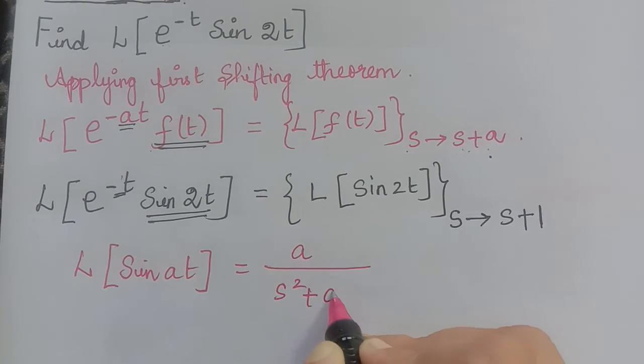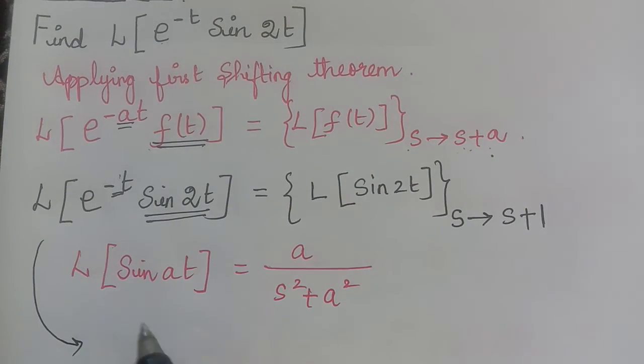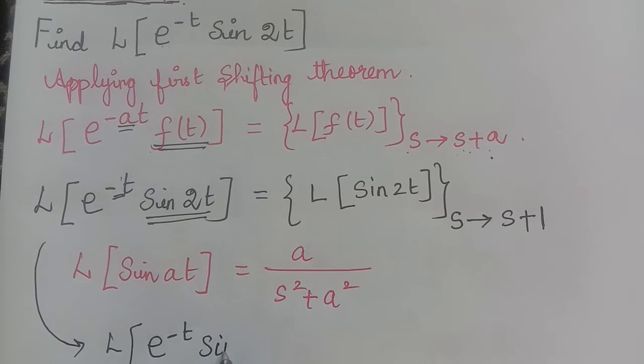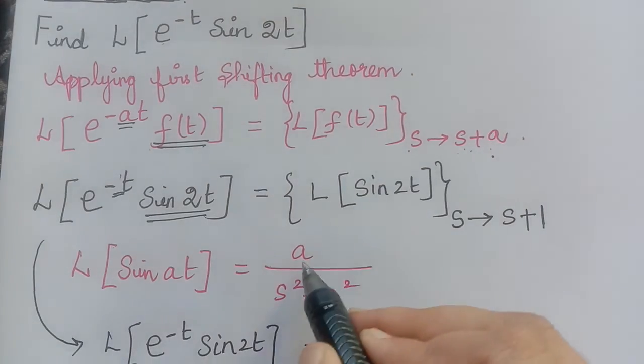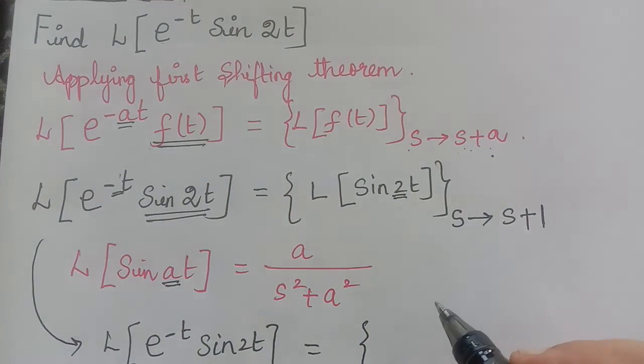We know that the Laplace transform of sine at is equal to a divided by s square plus a square. Applying this further, the Laplace transform of e to the power negative t sine 2t is equal to, now if you compare sine at and sine 2t, a is 2.